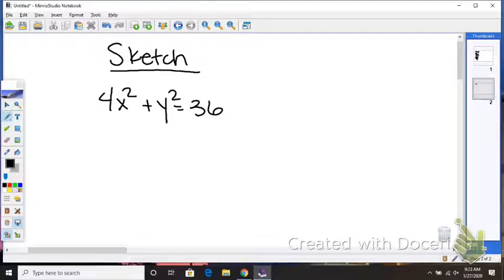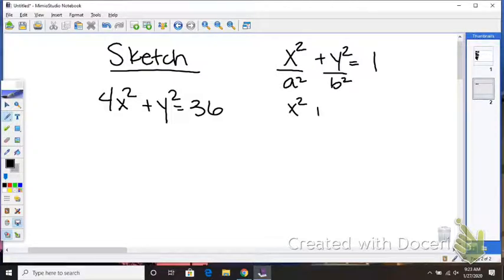Okay, let's talk about how this looks different than our standard form. We had two different standard forms: we have a squared and b squared, or we have b squared and a squared.